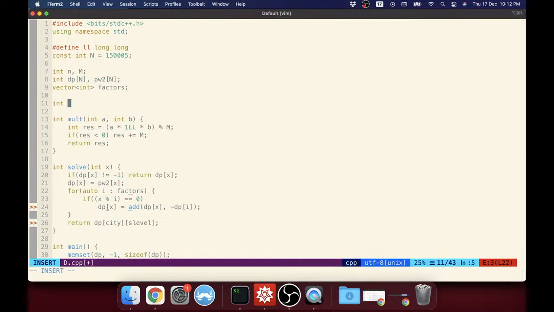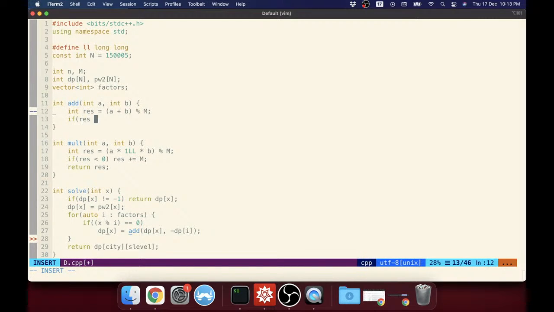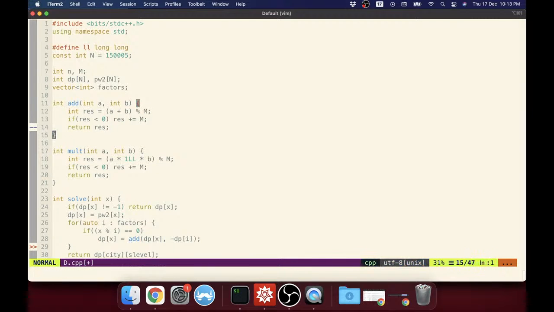You also have an add function similarly. So you get two numbers. You say add will be a plus b mod m. If the result is negative, then just add it back and return the result.